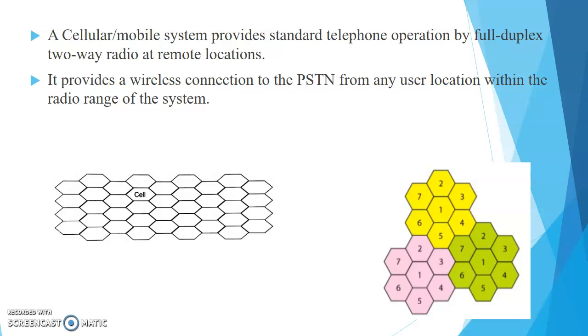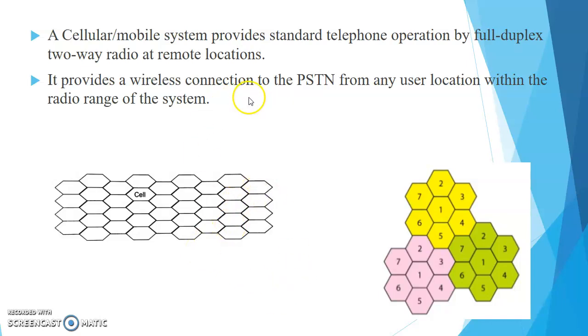PSTN is the public switched telephone network, from any user location within the radio range of the system. That is, within a circle, with some radio range, we are going to do the communications.